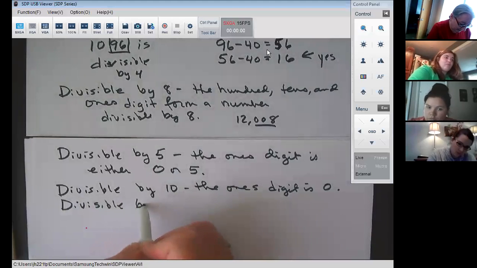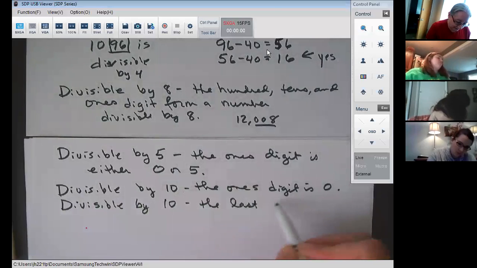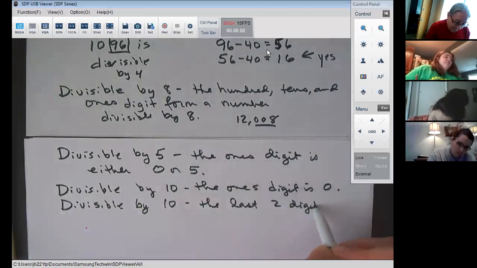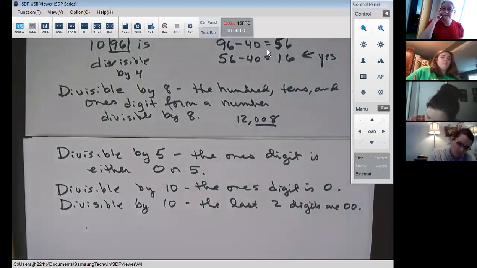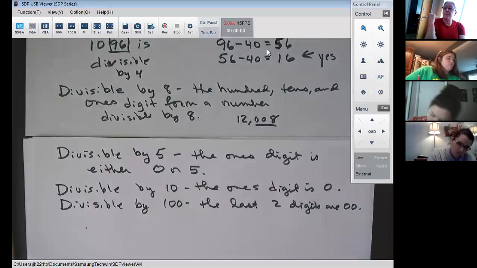Divisible by 100: the last 2 digits are 0, 0. Okay. And, whoops, this should say by 100. My bad. If you had 1,000, then you would look for 3 zeros, and so on. So those are pretty easy to do. You can just inspect it, done.